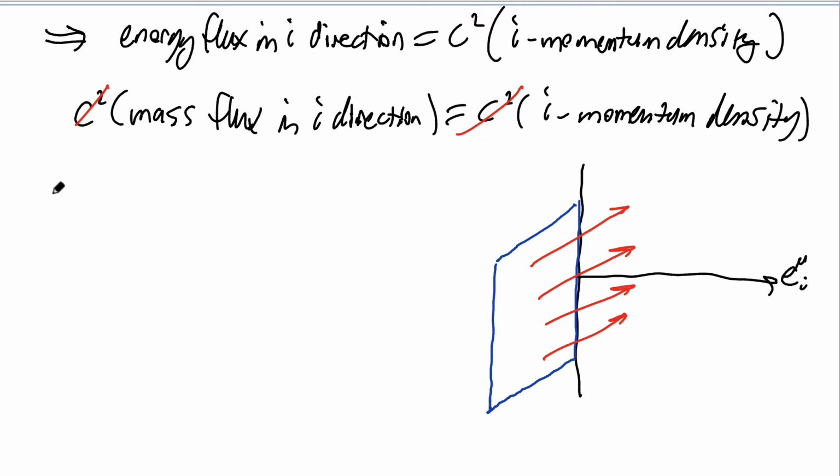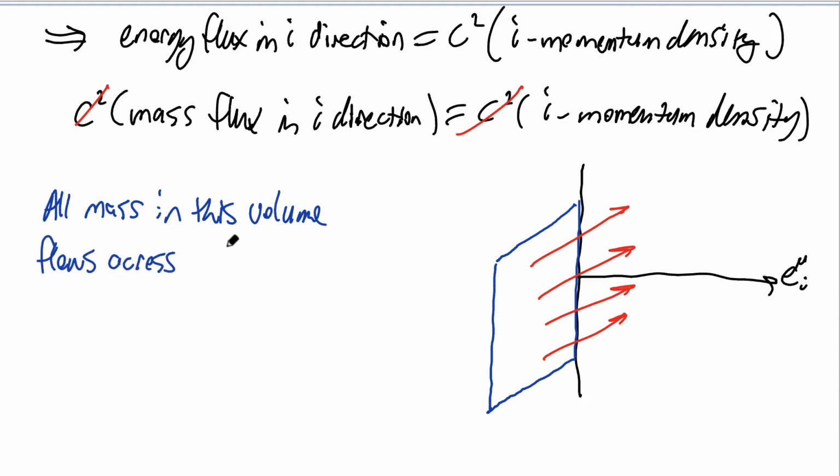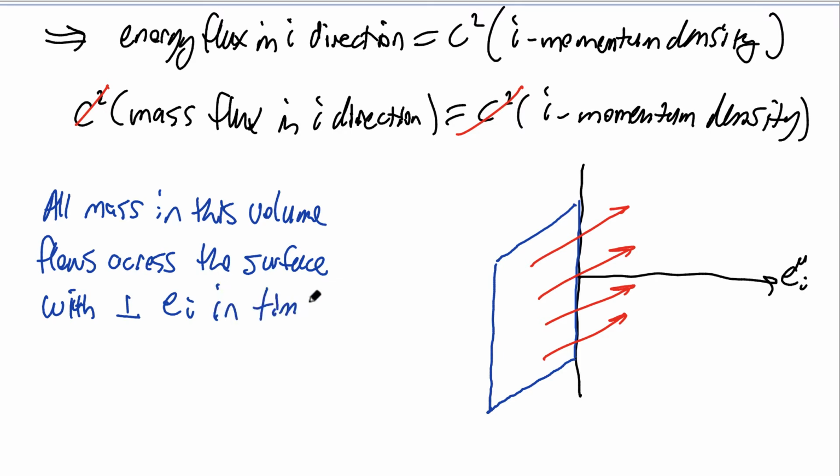So in this picture, all mass in this volume, the volume shown here, flows across the surface that has the perpendicular EI. And this is in some time interval delta t as measured by the observer.